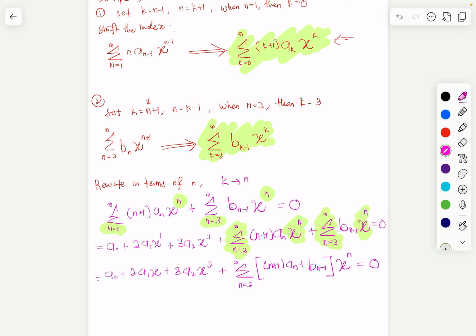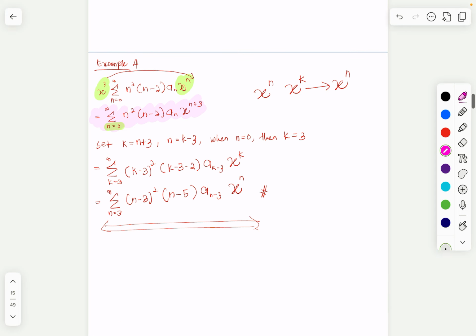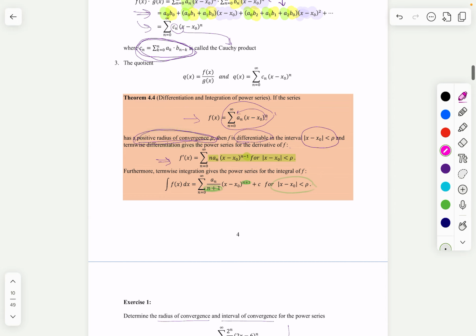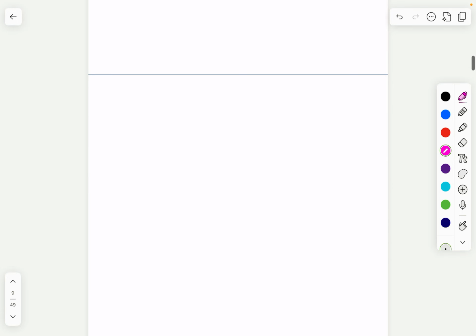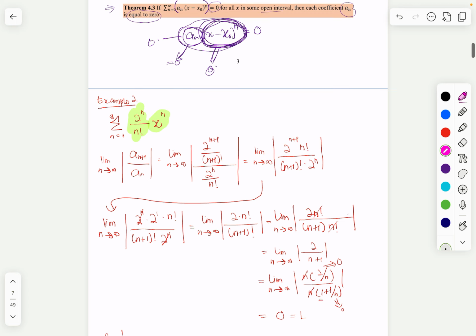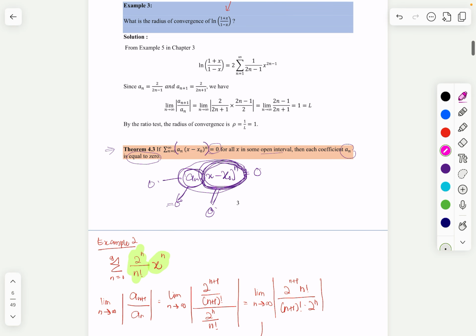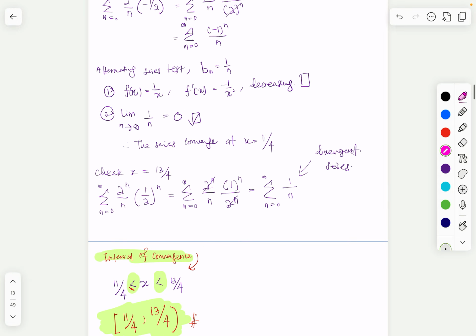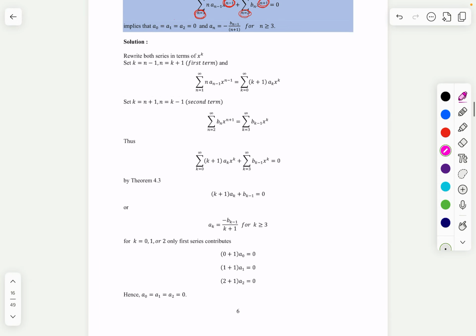Now recall the theorem that we went through previously. I will show you the theorem. If you have this power series equal to 0 for all x in some open interval, then each coefficient a_n equals 0. So we can equate each coefficient to 0. Based on that theorem, we can apply it to this example.